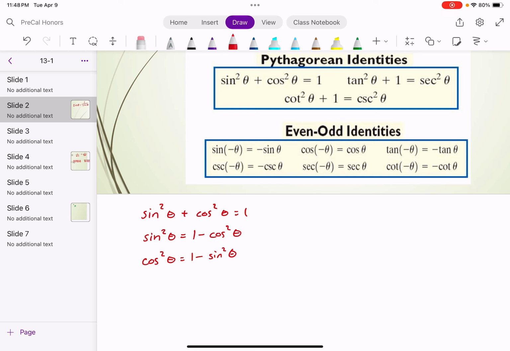Our even odd identities, here we have them split up into families, meaning sine and cosecant, cosine and secant, tangent and cotangent. Now, if we were to split this up, you can easily see that our sine family as well as our tangent family behave very similarly.